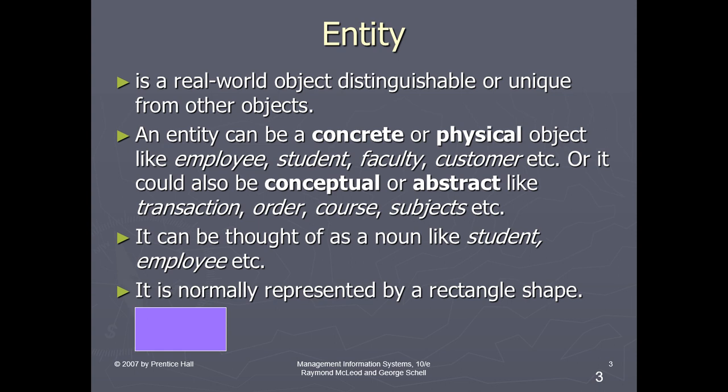It can be thought of as a noun, like a student, employee. It is normally represented by a rectangle. In the ERD, the representation of an entity or table is a rectangle.